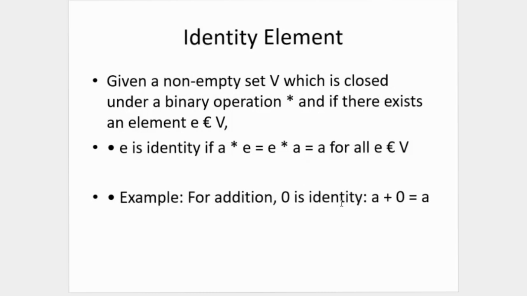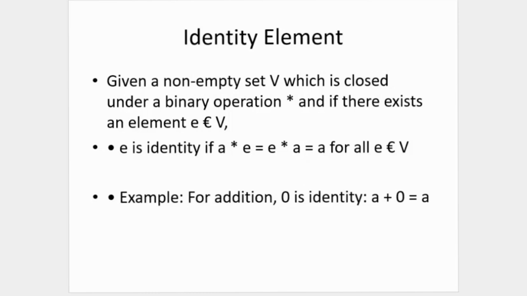But for each binary operation that has its own peculiar manipulations, you are going to have to determine what the identity element is for each. So this is just an illustration to show what it means for an element to be an identity element: if you perform an operation between any member of that set and the identity element, your answer should remain that same element or member of that set.